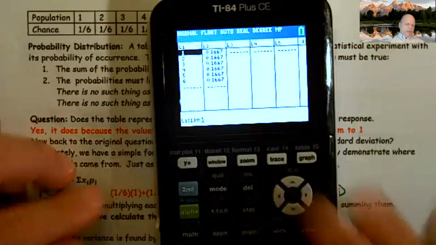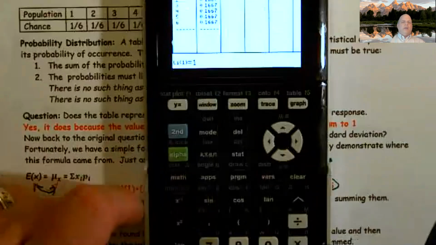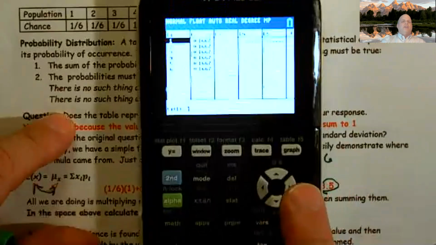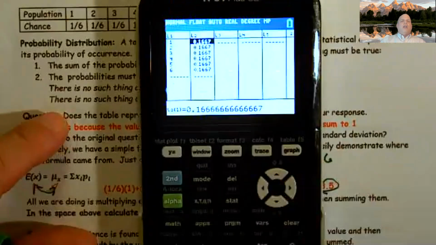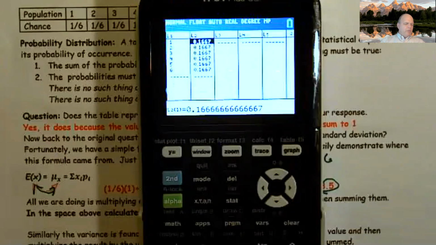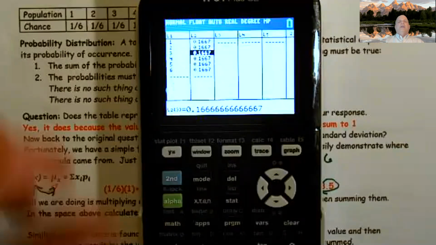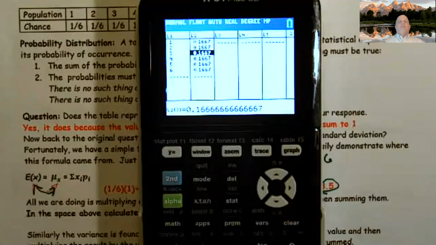All I did was go 1 enter, 2 enter, 3 enter, 4 enter, 5 enter, and 6 enter. And then in column L2, I put the probabilities. Well, the probabilities were 1/6. So I went 1 divided by 6, enter, and I did that all the way down. And that ultimately gave me all my probabilities.